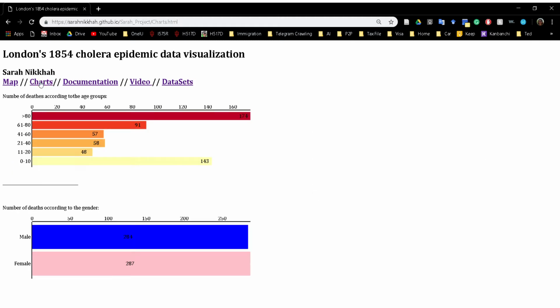These two charts show the number of deaths by age and by gender. And from looking at the results, there is a clear relationship between the deaths and age groups. It looks like the old people, as you can see here, and the smaller children are more prone to die from the disease, which makes sense.